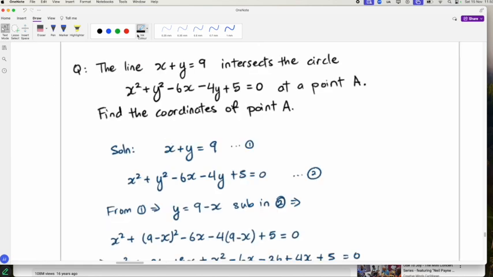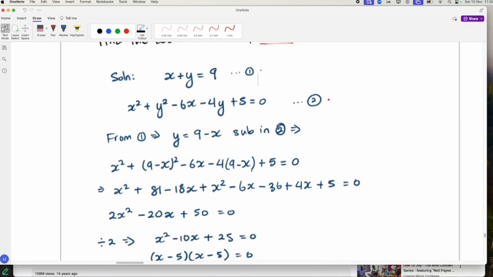The line x + y = 9 intersects the circle x² + y² - 6x - 4y + 5 = 0 at a point A. Find the coordinates of the point A. Well, look, I wrote down my two equations here. x + y = 9, and this one, equation 2.